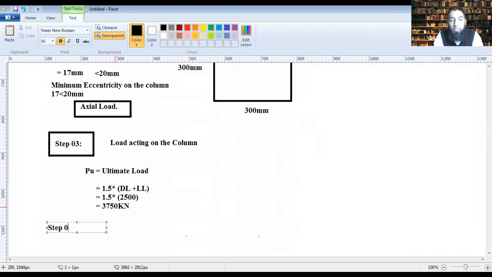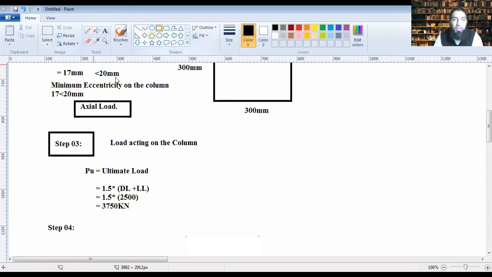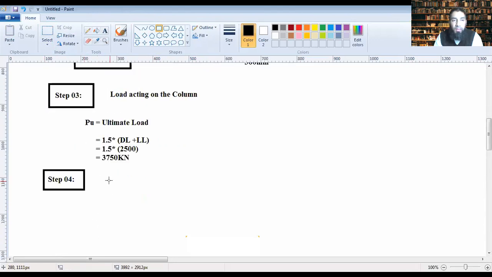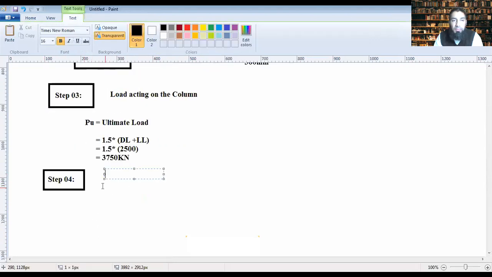It will come to be known if we go directly to the design of the longitudinal reinforcement.